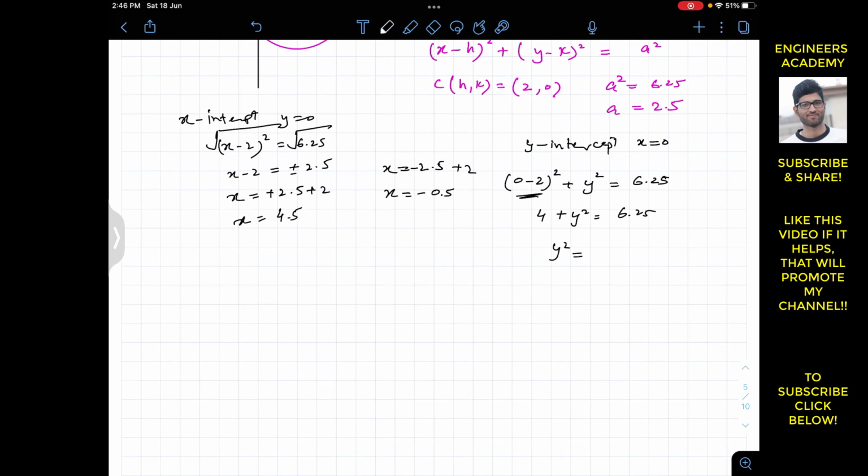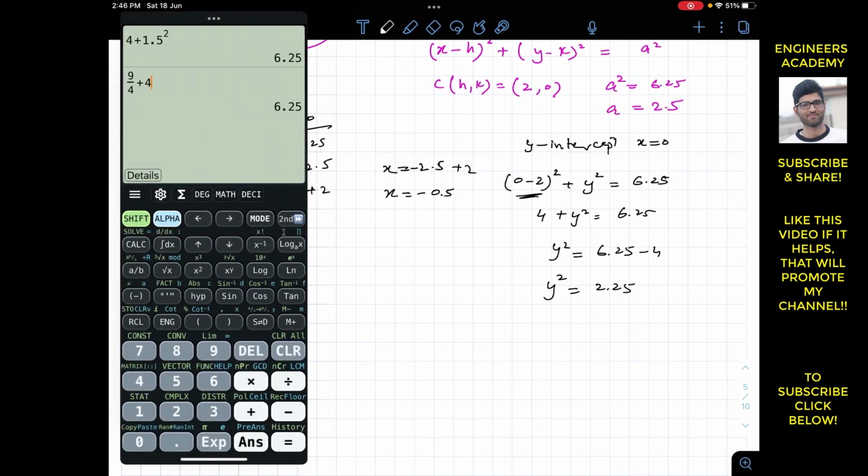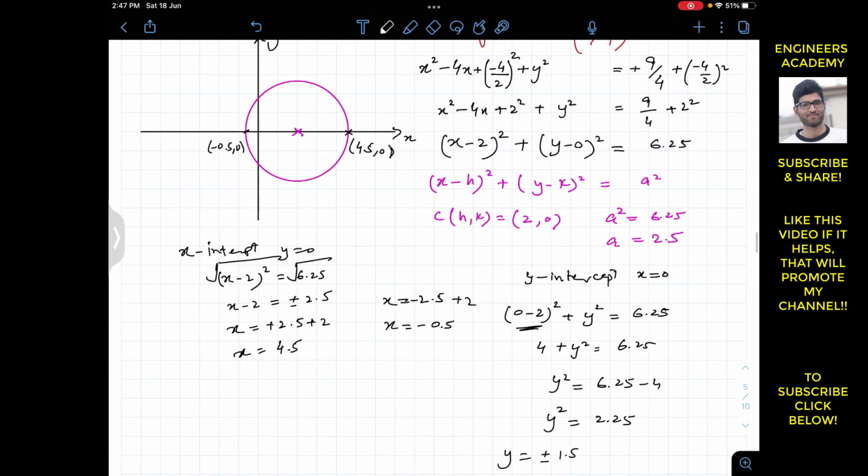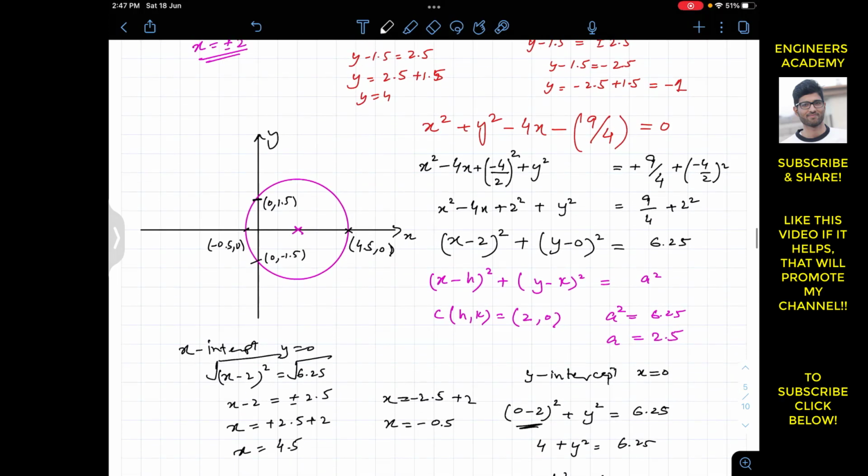So now we can write that y square is equal to 6.25 minus 4, and y square will be equal to 2.25. Now if we take the square root on both sides, the square root of 2.25 is 1.5. So y is equal to plus minus 1.5. So the y-intercepts are at 0 and plus 1.5, and here we have 0 and minus 1.5. So these are the y-intercepts for this given circle.